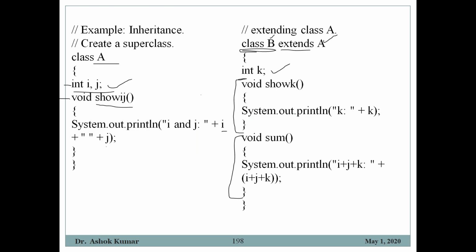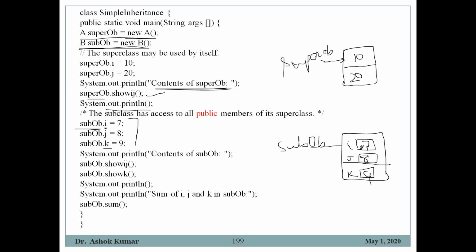If you look at the previous slide again, this show ij is the superclass method, and when this class is inherited, you can access the superclass method through the subclass object as well. So here we are accessing the superclass method show ij with the subclass object.